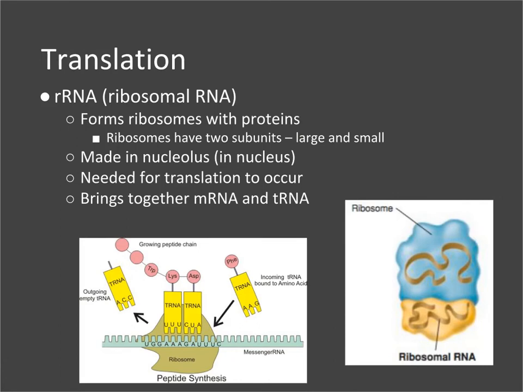So you can see in this picture down here, this is showing the mRNA here and the ribosome here. And we've got our tRNA molecules with our anticodons. And we have the ribosome exposing codons one at a time. And you can see how the tRNA molecules are coming into the ribosome.